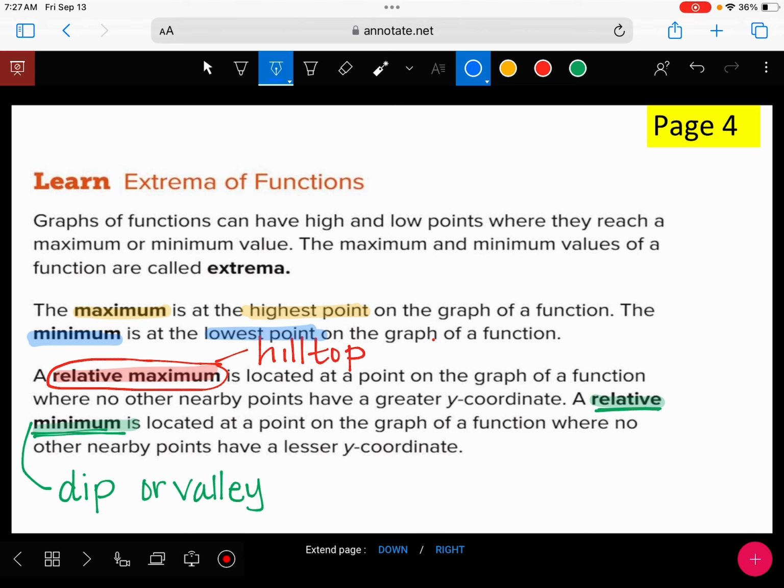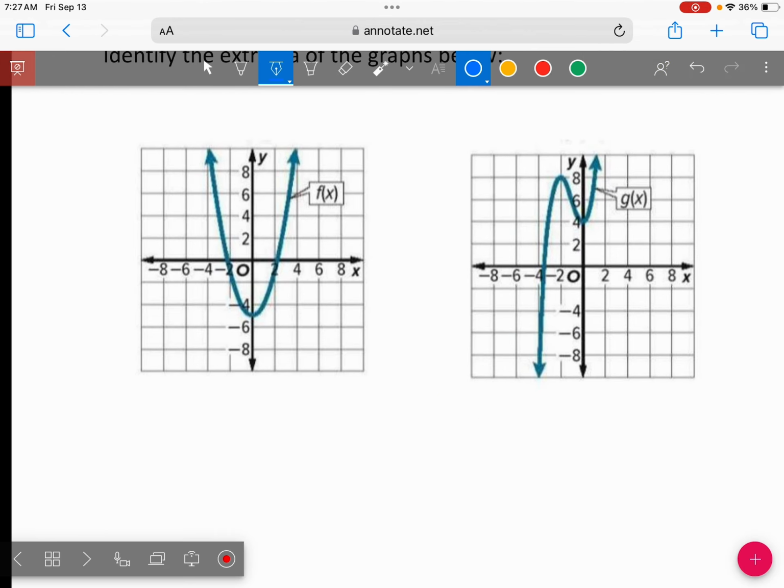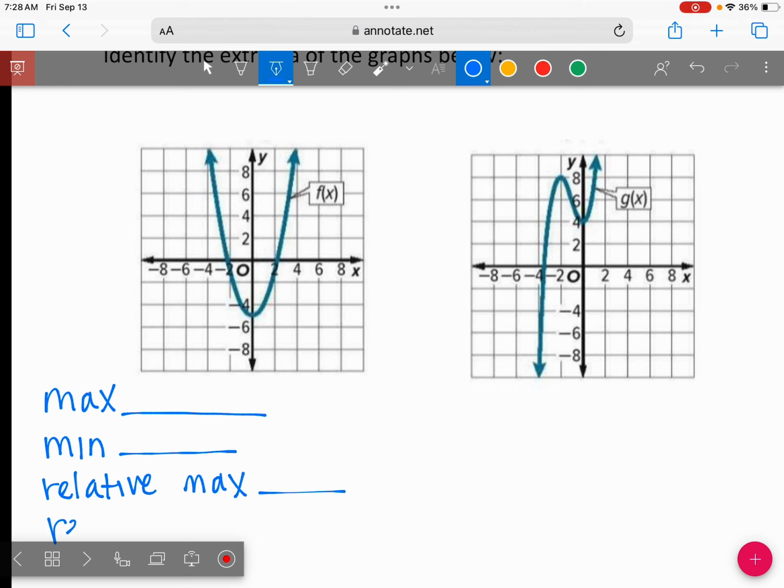Now let's take a minute and look at these graphs at the bottom of page 4. Let's go ahead and write these out. At the bottom, we're going to fill in our max. It doesn't take a lot of space. So write max, min, and then relative max and relative min. And we're going to do that under both graphs.